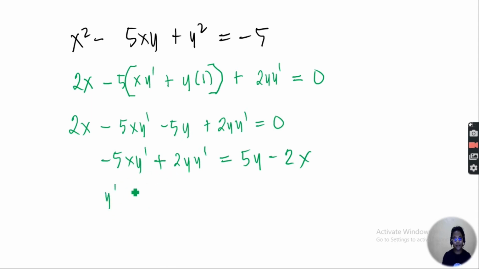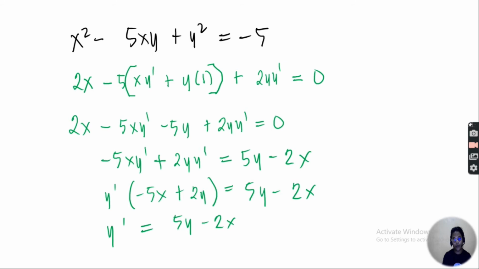We have y prime times the quantity negative 5x plus 2y is equal to 5y minus 2x. Then, solving for y prime, we have y prime is equal to 5y minus 2x all over 2y minus 5x. So, yan po yung ating value ng ating y prime po.